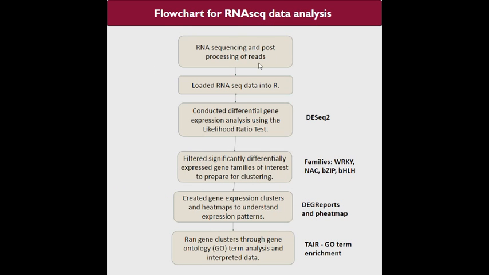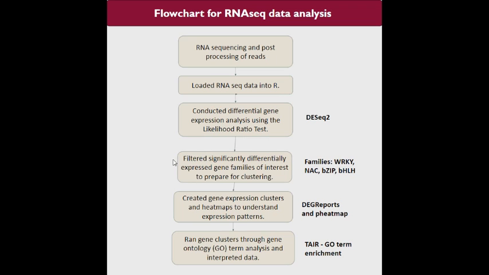This is a flowchart of the methods that I used to do my computational analysis. First, I loaded the RNA sequencing data into R. Second, I conducted a differential gene expression analysis using the likelihood ratio test. A differential gene expression analysis is simply a way of quantifying how much a gene is upregulated or how much a gene is downregulated compared to a mock treatment.